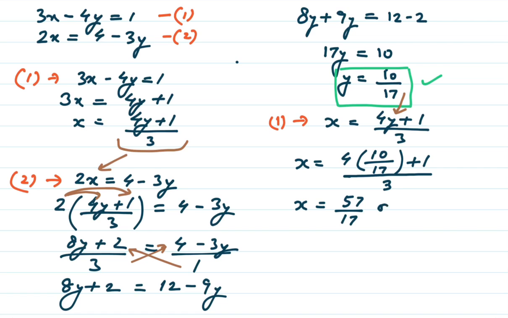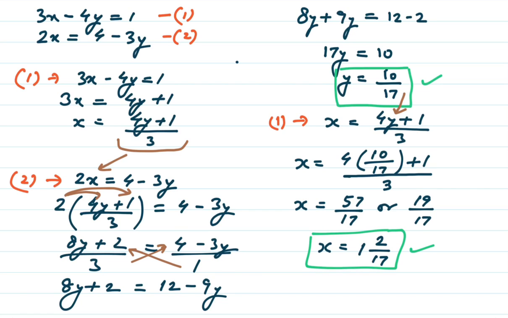Or you can say this is 19 over 17, since it is an improper fraction, you can say x is going to be 1 2/17. And therefore, this is my x value.